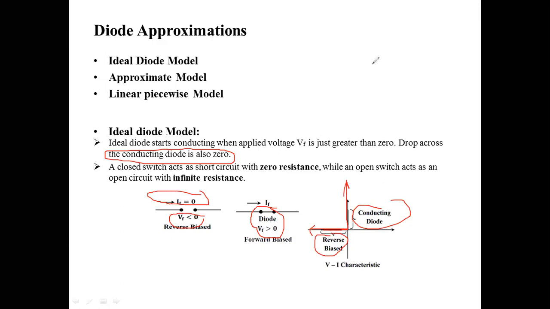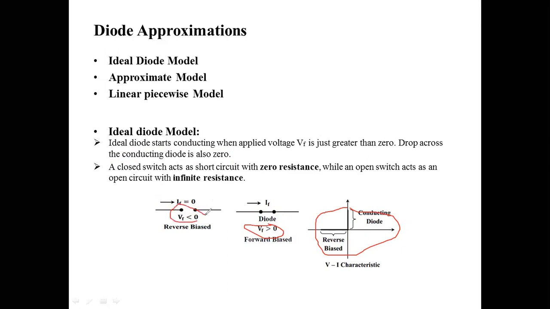This is the ideal diode characteristic at 0. Vf greater than or equal to 0 is forward bias, and less than 0 is reverse bias. The on state and off state are shown here as short circuit and open circuit.